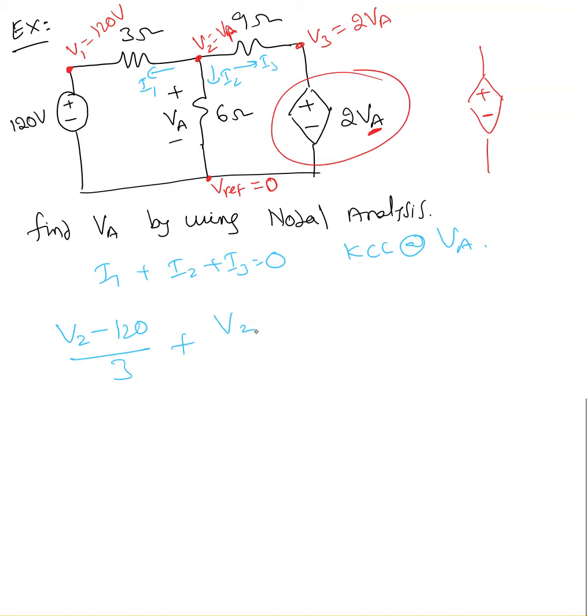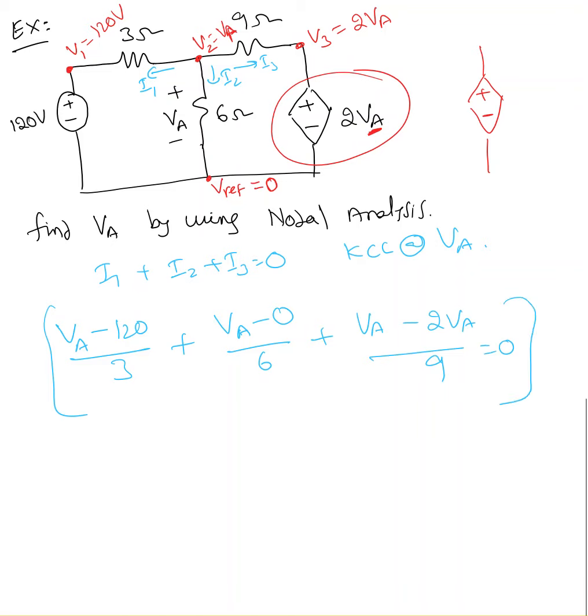I2 equal to V2 minus 0. Instead of V2, I'm going to take that as VA. VA minus 120 over 3, VA minus 0 over 6, because I just defined VA equal to V2, plus VA minus 2 VA over 9 equal to 0.